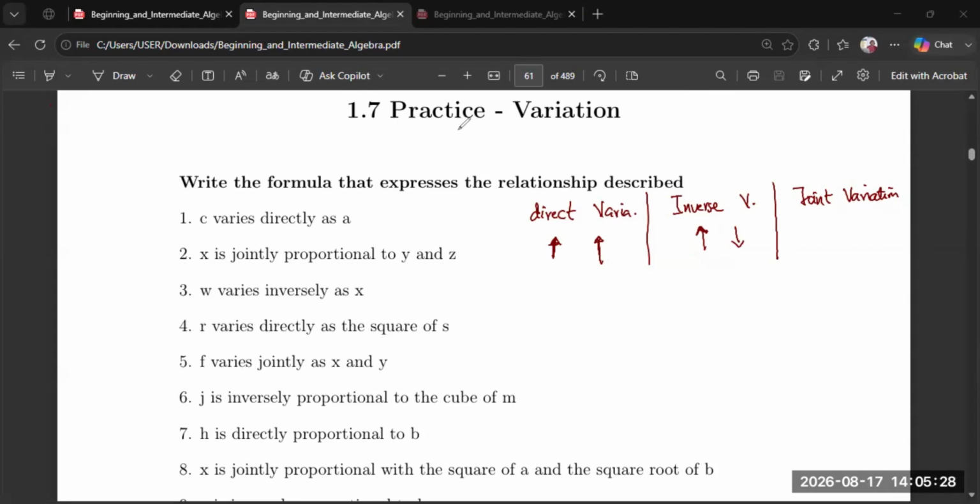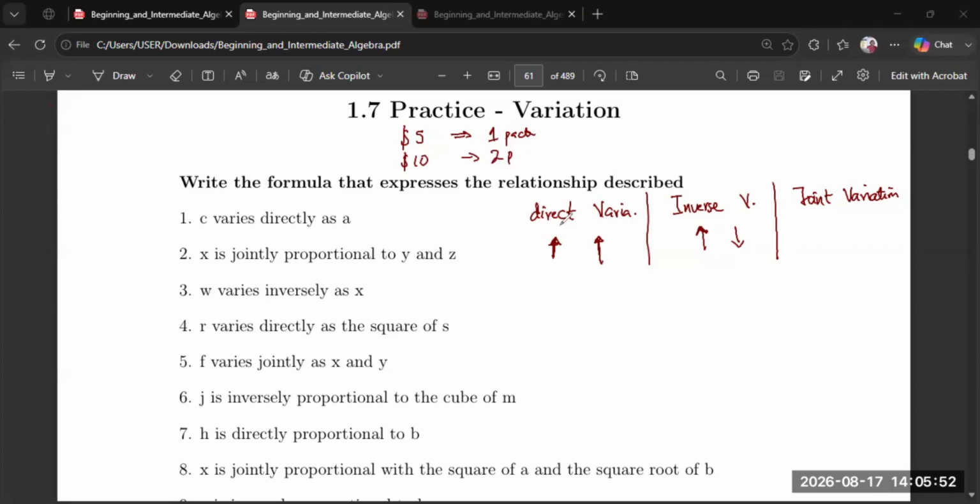Let's say pizza costs $5 for one pack. Then if you have $10, you're going to buy two packs, and if you have $15, you're going to buy three packs. What do you observe? The more the money, the more the packs.